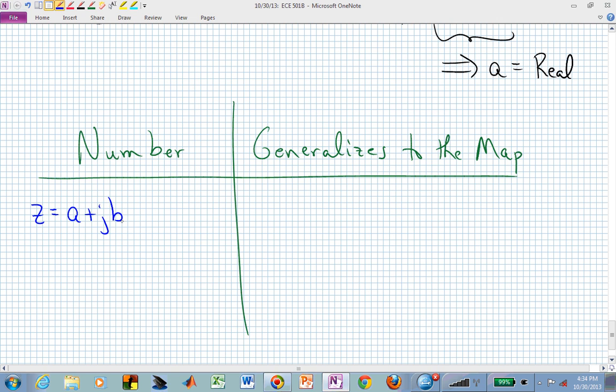But suppose a and b are real numbers, and now my complex number z is a plus jb. So I'm explicitly identifying the complex part. So z is a complex number. That is consistent with a generic linear map T.